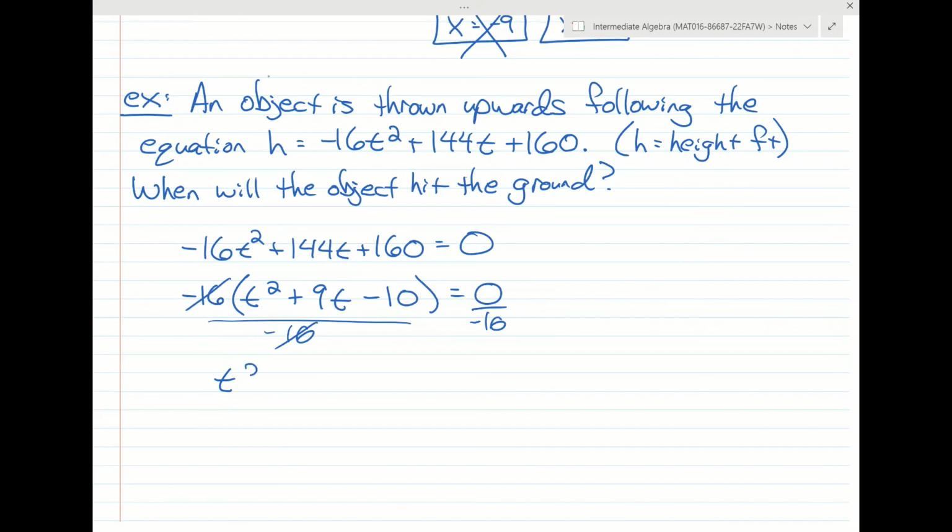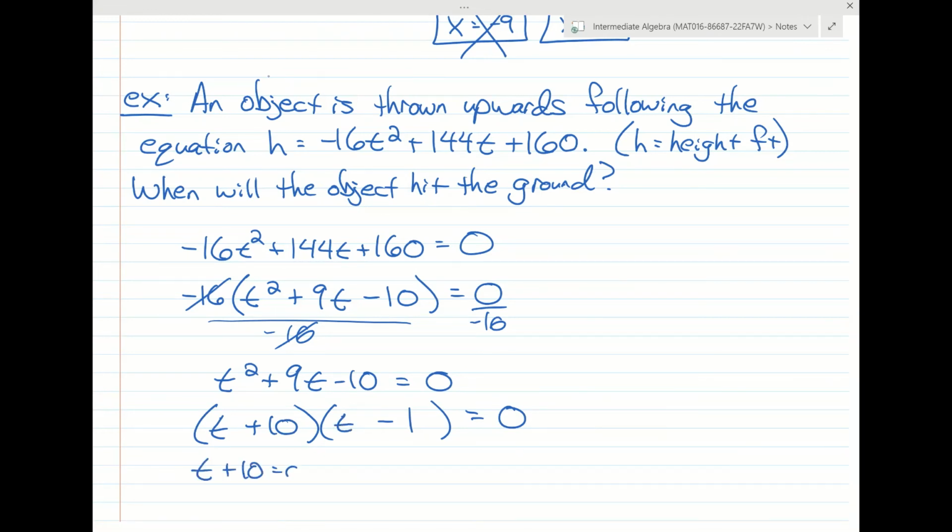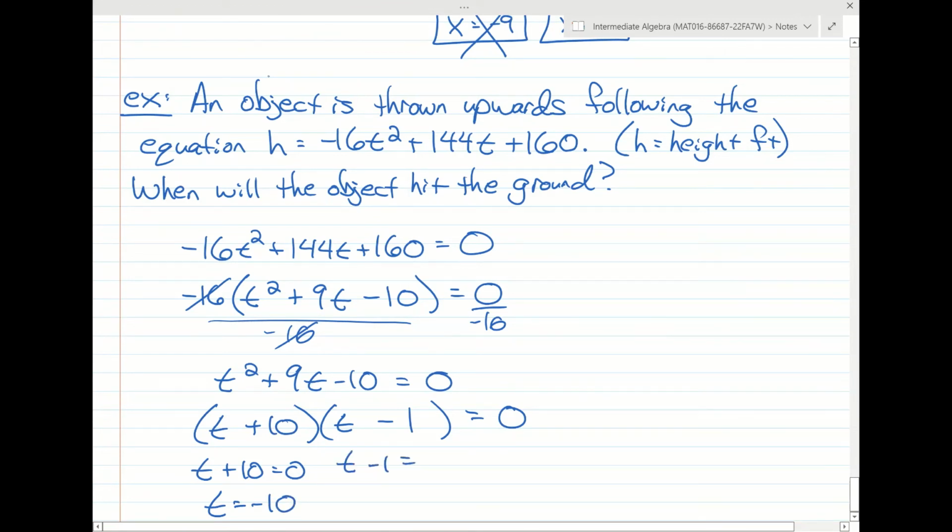But at this point, when we get this far, we could factor just like usual, which would just be t plus 10 and t minus 1. So you get t plus 10 is 0, or t is negative 10. And t minus 1 is 0, so t would be 1.